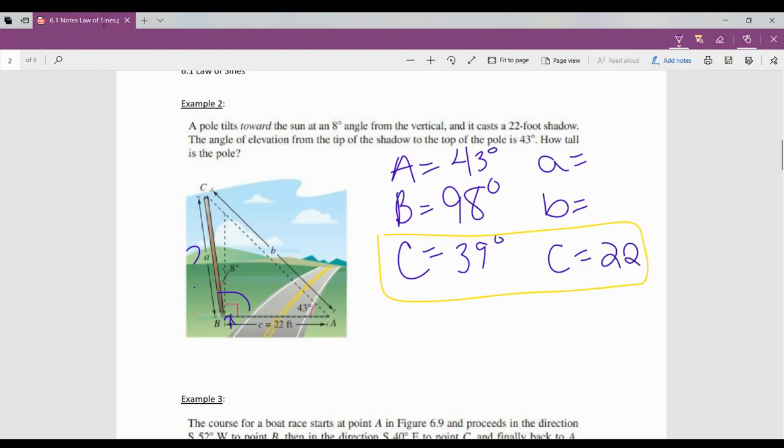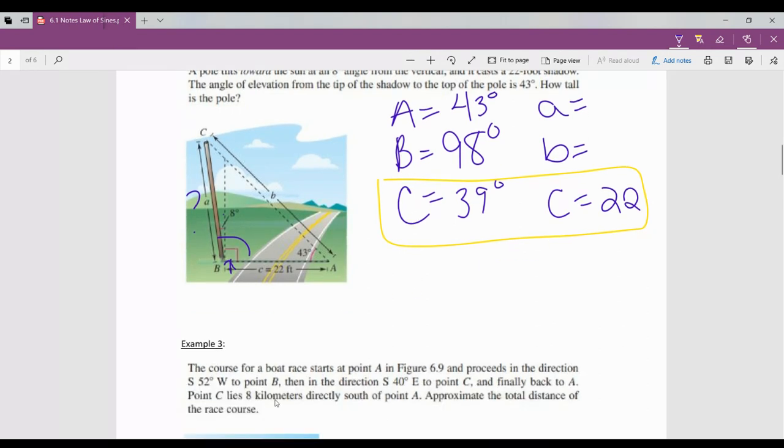My pair is C, and I want to solve for side A, so I'm not even going to worry about B. So I'm going to do 22 over sine of 39 degrees equals A over sine of 43 degrees.